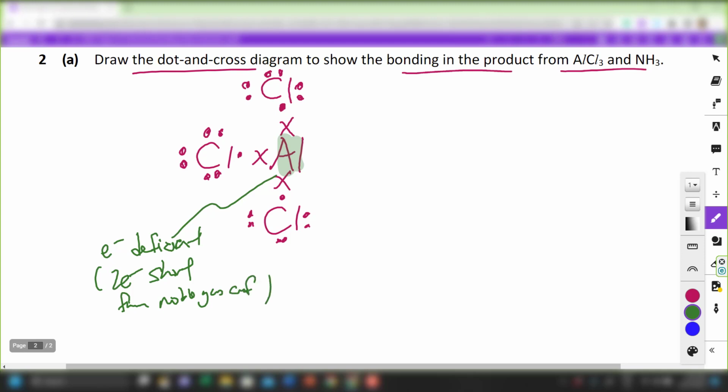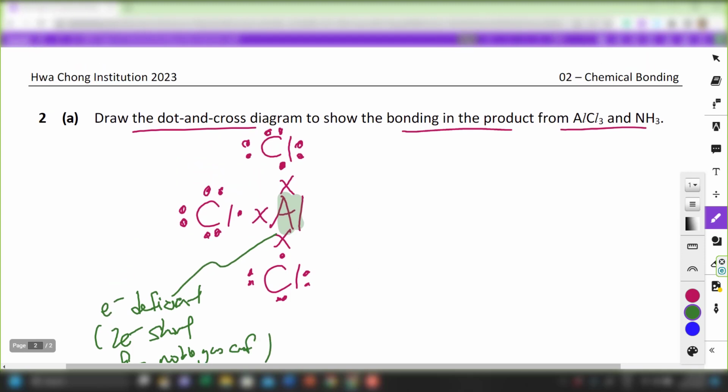Because it's 2 electron short, let's take a look at ammonia. Ammonia will look something like this. Ammonia will have the dot and cross like this: H dot, H cross, dot H, and then nitrogen is in period 2, group 15.